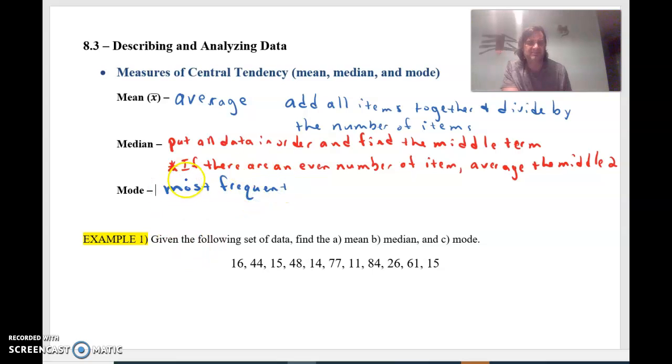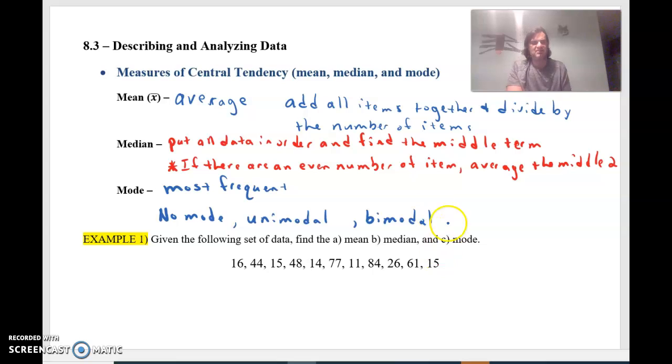And it's possible to have no mode if nothing is repeated. There's something called unimodal, which means there's 1. Bimodal, sometimes 2 items appear the same frequency.